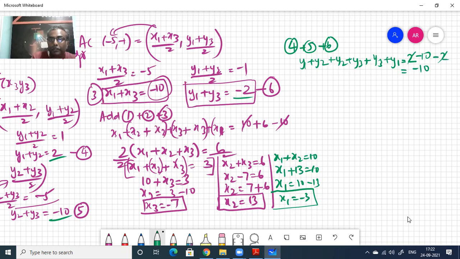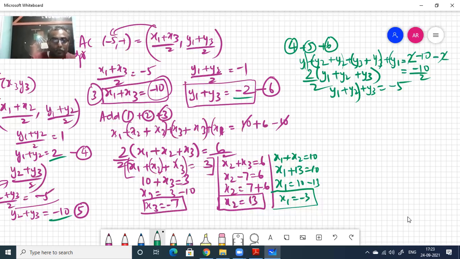This is y2 plus y2, y3 plus y3, y1 plus y3. So 2 into y1 plus y2 plus y3 is equal to minus 10. y1 plus y2 plus y3, divided by 2 both sides, minus 5. Now we know y1 plus y2 is equal to 2.